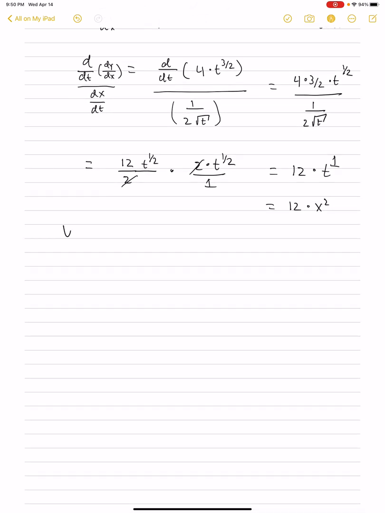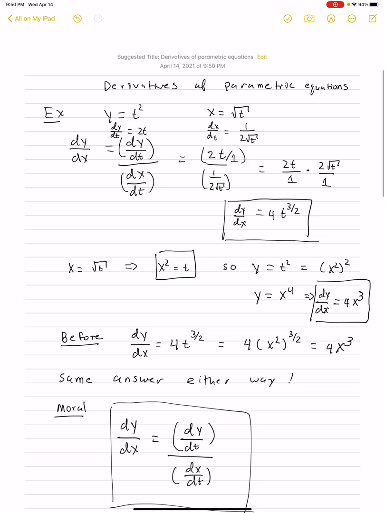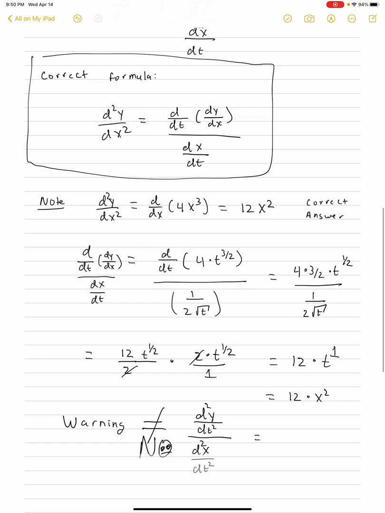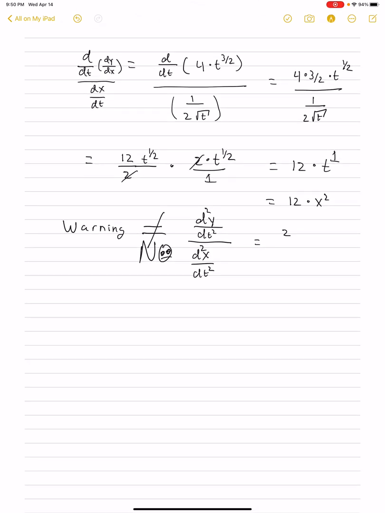So this is a warning here. This is not equal to, and let me put a big no, this is not equal to d²y/dt² over d²x/dt². Well, dy/dt we calculated. dy/dt was 2t, so the derivative of that will be 2.